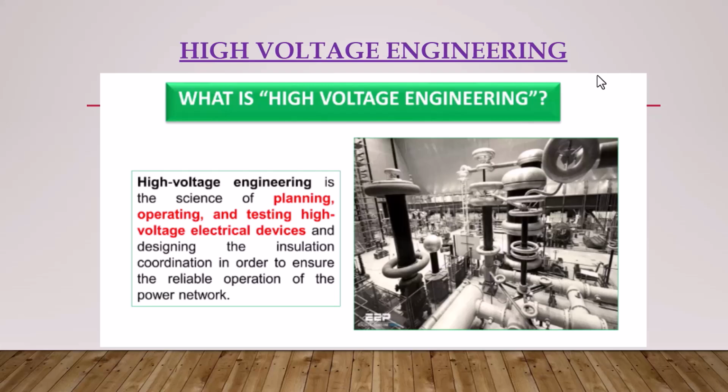But one of the most critical parts of this field is something called insulation coordination. What does that mean? It's about making sure that every component in a high voltage system has the right kind of insulation to handle the maximum voltage stress it might experience, both during normal operation and in rare events like lightning strikes or sudden faults.